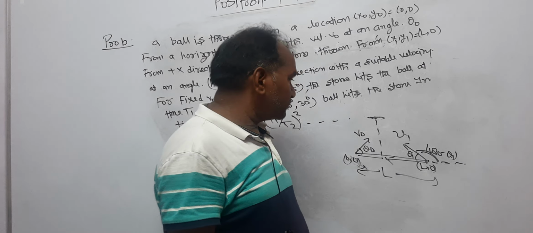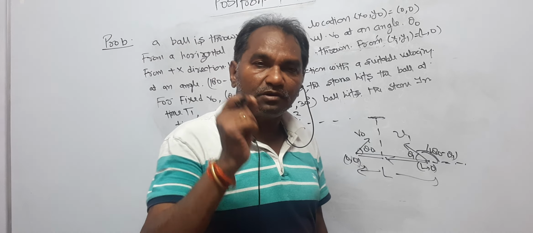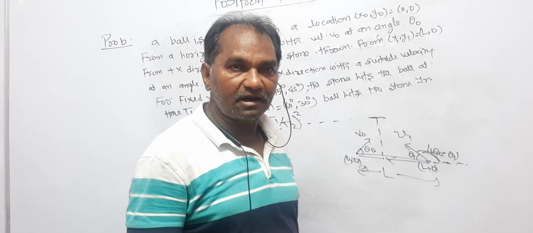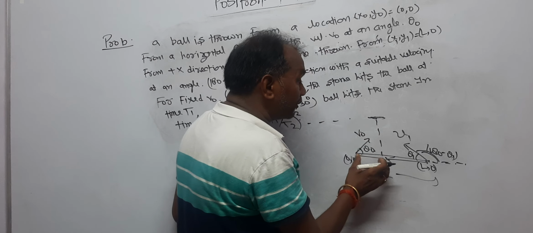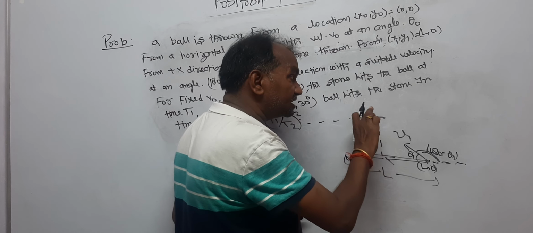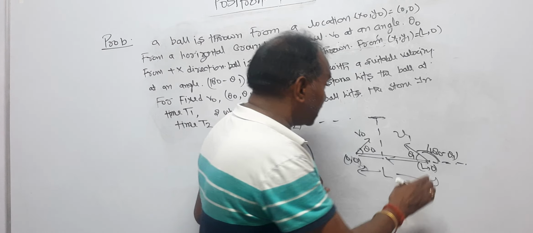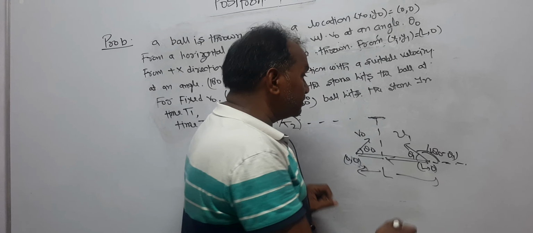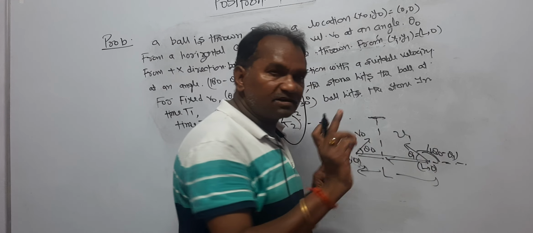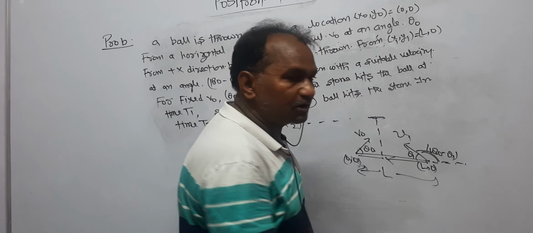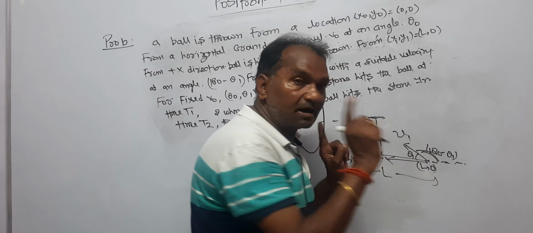Let at this point the stone hits the ball or projectile. It means the ball has traveled this much horizontal distance and this much vertical distance. And in the meantime this stone has traveled this much horizontal distance and this much vertical distance, because both are projected simultaneously.